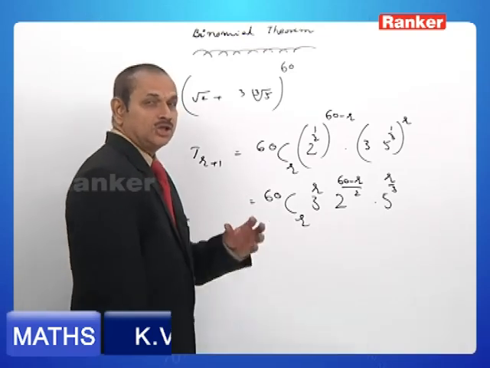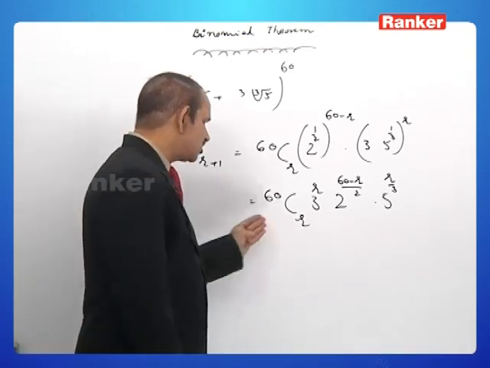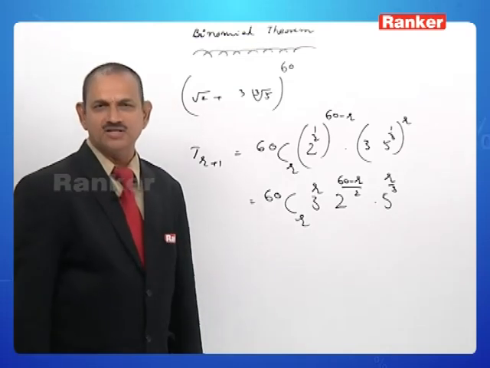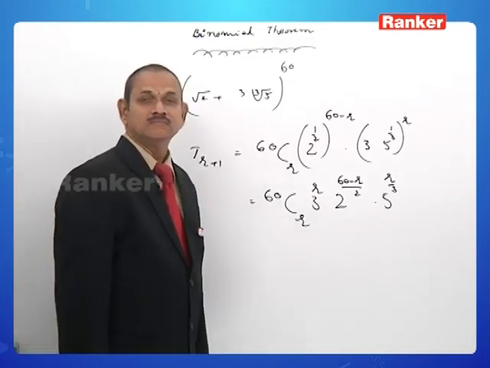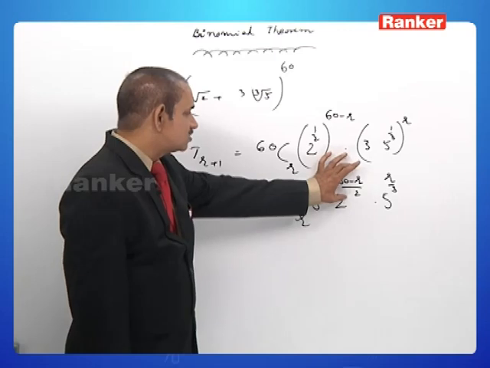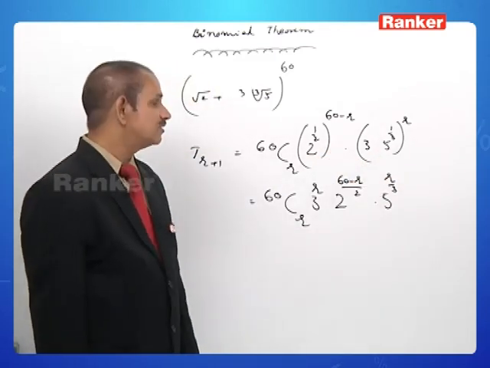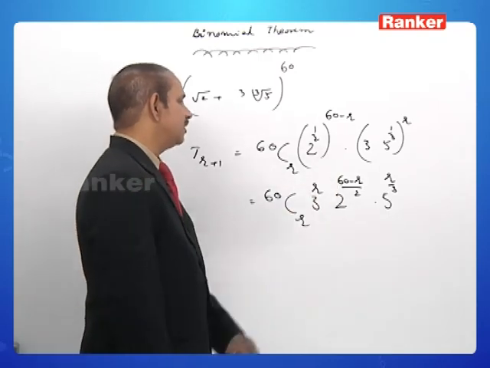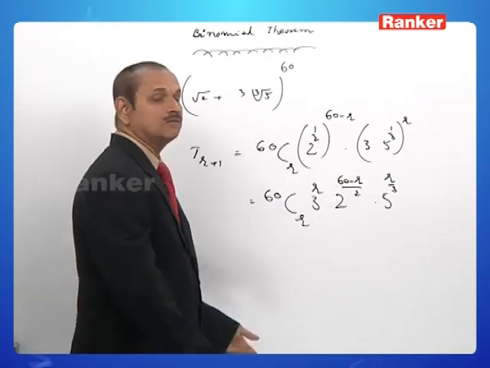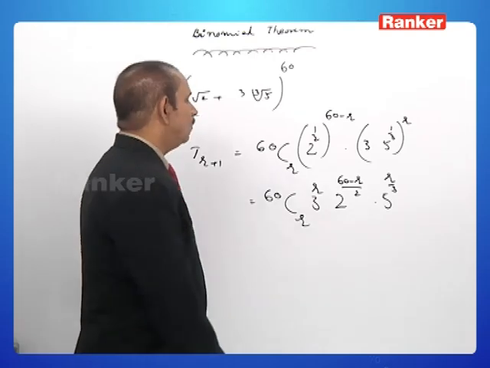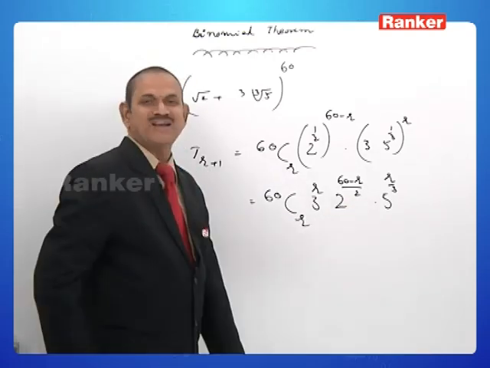And now, if you want to see this term entirely an integer, then this and this must be integers. That is, 60 minus r by 2 and r by 3 both must be integers. Well, what is the LCM of 2 and 3?